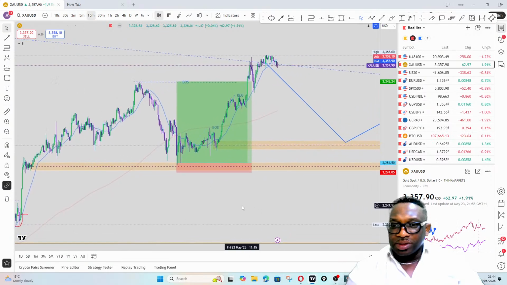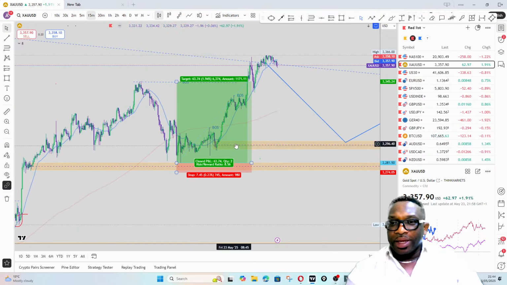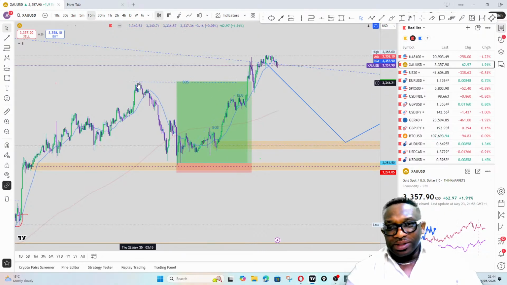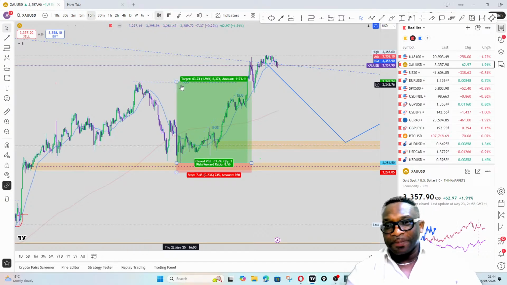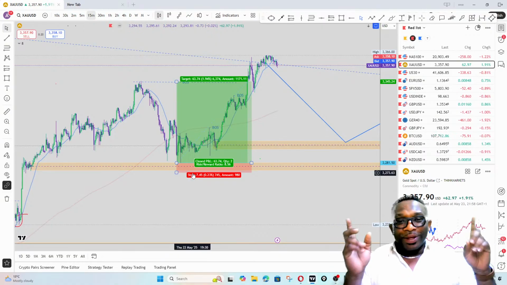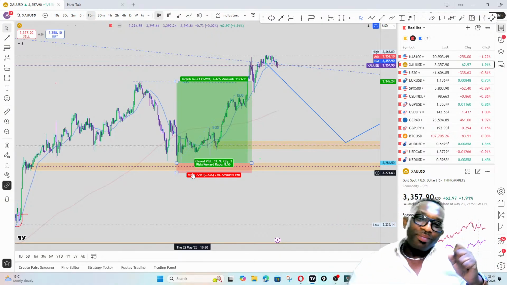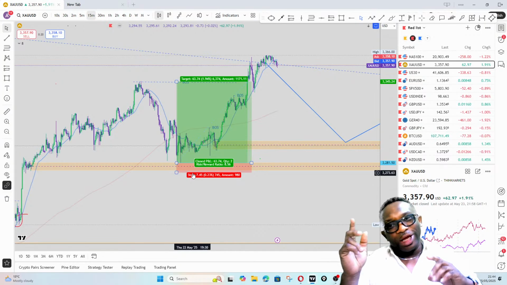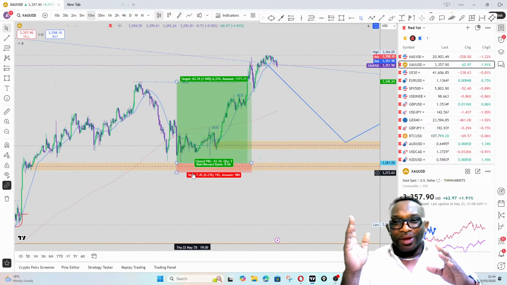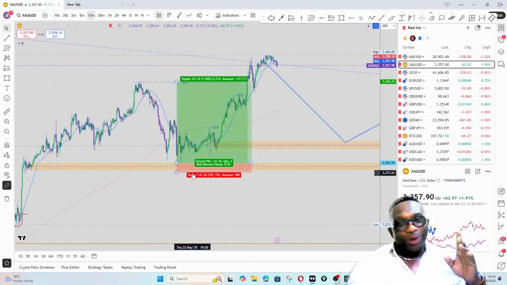So this is what I'm trying to put across. If you apply proper risk management and then you set this, and then you target the previous high, that's your profit target. The price can only do two things. It either goes in the upward direction or downward direction, or it moves out.